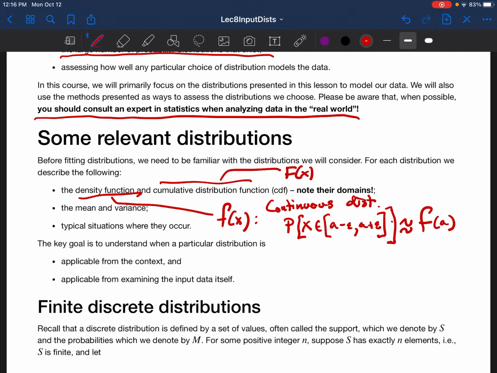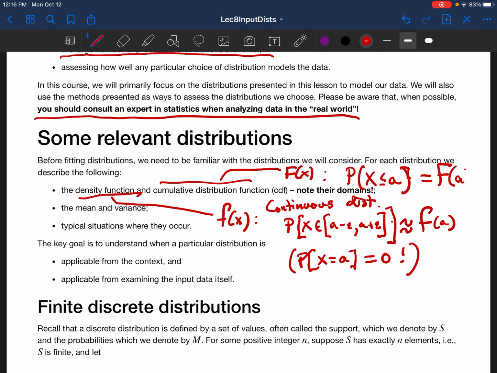Note that the probability that x, if it's continuous, equals a is always 0. So keep that in mind. We have to always talk about it with a continuous random variable that it's in a little tiny interval. F of x, the way we think of this is the probability that x is less than or equal to a is equal to F at a.